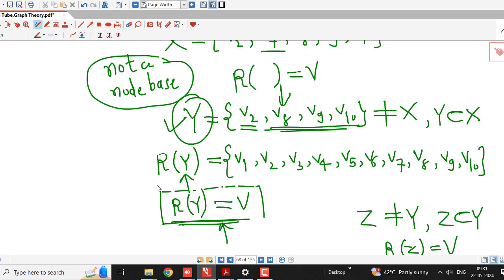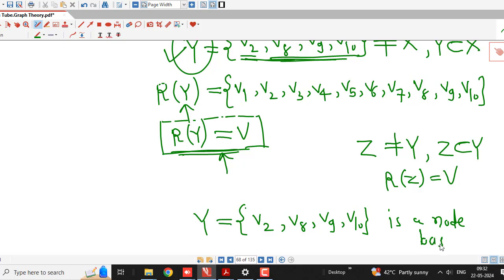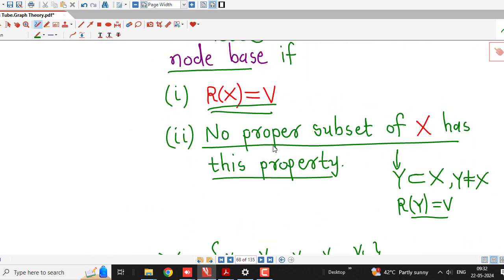So you can verify that there is no proper subset of Y such that R of Y equal to V. Therefore, our set Y, having these vertices V2, V8, V9 and V10, is a node base. Capital Y is a node base because reachable set of Y is the vertex set V and there is no proper subset of Y such that this property R of Z equal to V is satisfied. So this is very interesting concept.